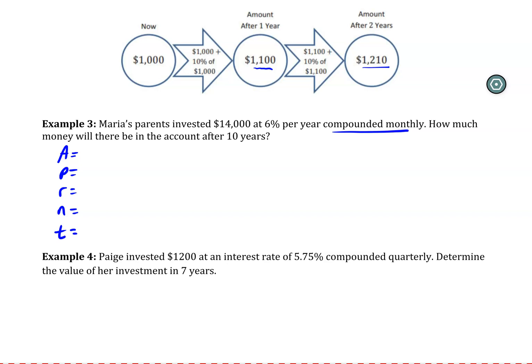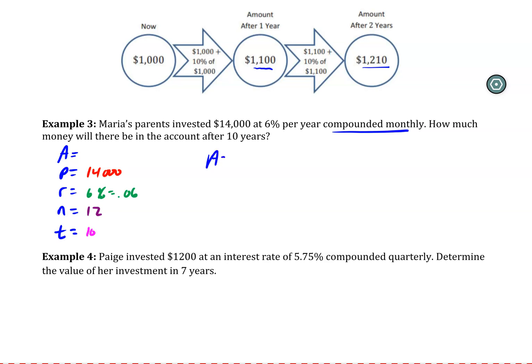We know the principal is 14,000. The rate is 6%, which we're going to put as 0.06. N is compounded monthly, so that's 12 months in a year. And time is 10.